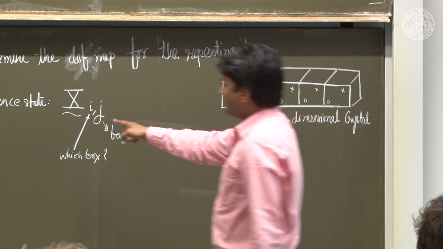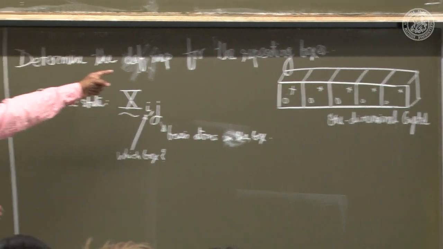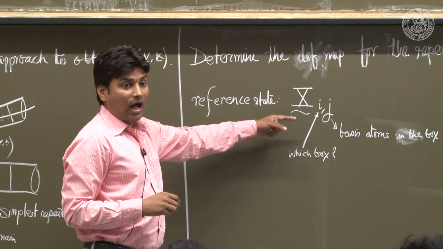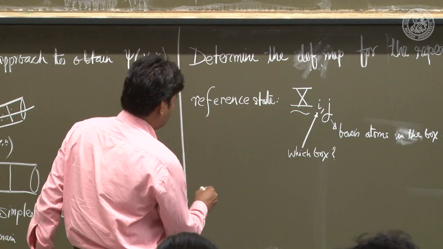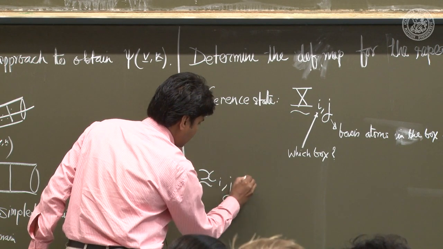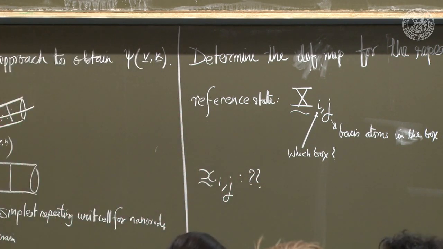So, that is for the reference state, but we want to get the deformation map. So, we want to get where those atoms go after being deformed. So, what is little x of I comma j? That is what we want to know.